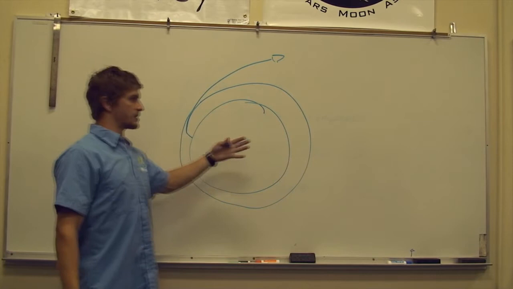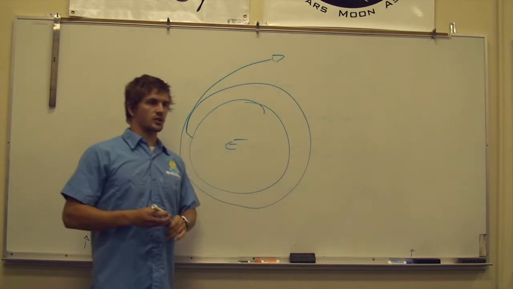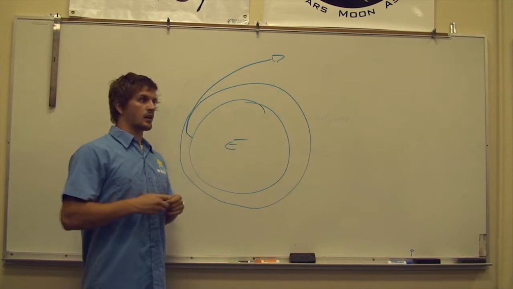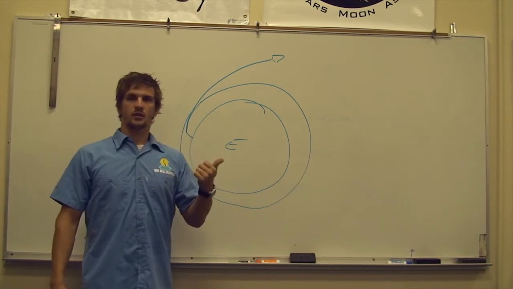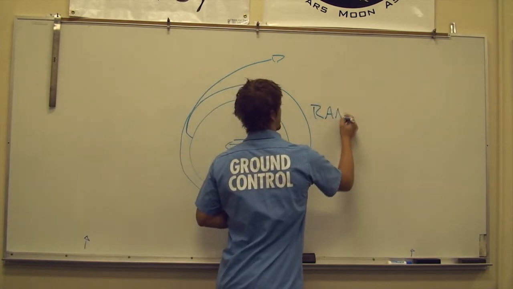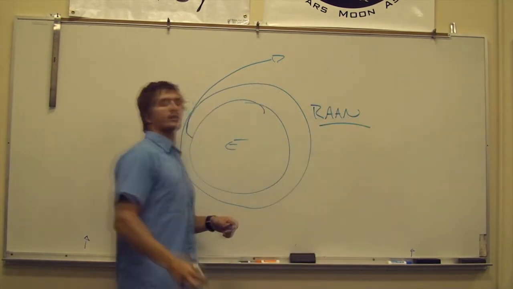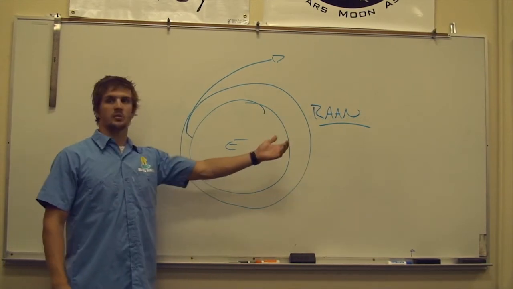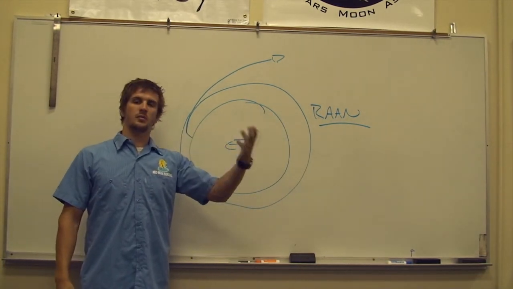What this does, this allows us the freedom to launch and go to the Moon on essentially any day of the month. Our launch time will control the right ascension of the ascending node, denoted as RAAN. And what this does is allows us to adjust the orbit plane to contain the Moon.